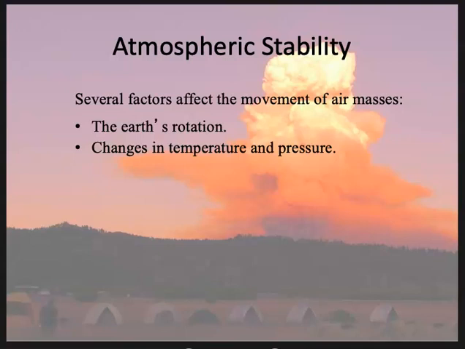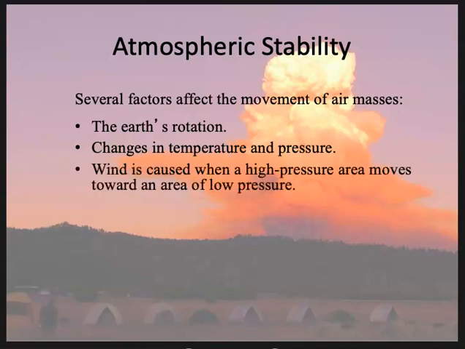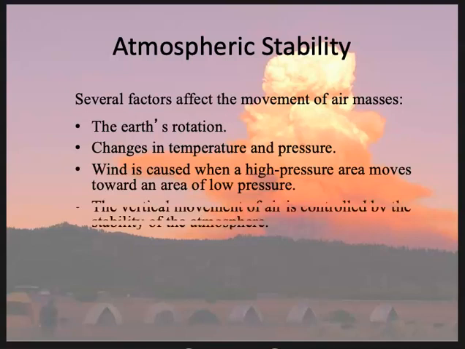So changes in temperature and in pressure are going to have an effect on air stability, atmospheric stability. Wind is caused when a high pressure area moves toward an area of low pressure, and we talked about that when we talked about wind, that wind goes from high pressure to low pressure.